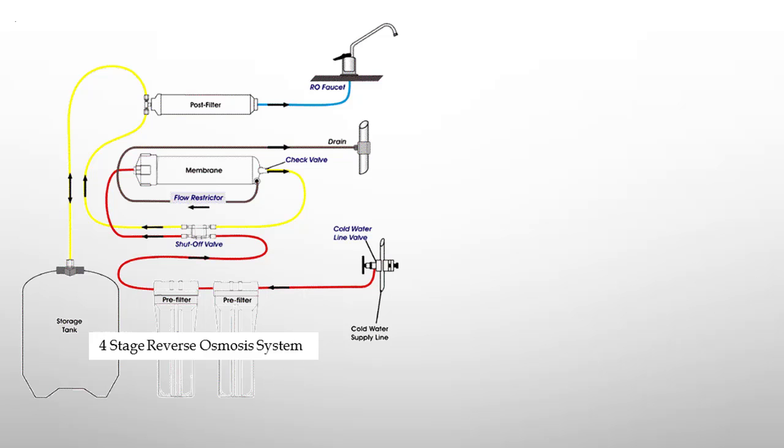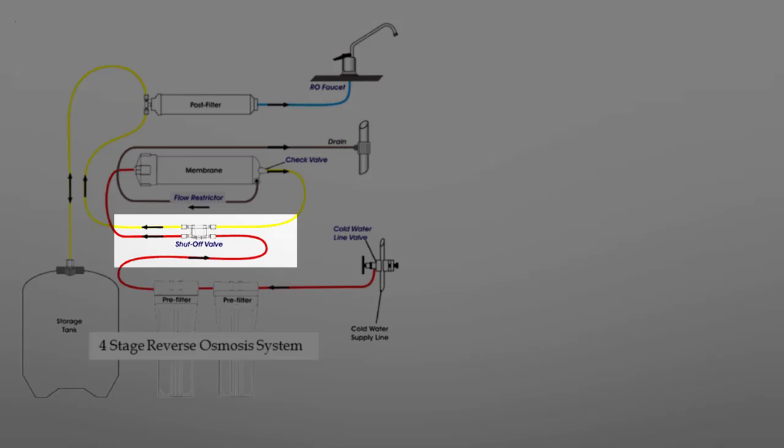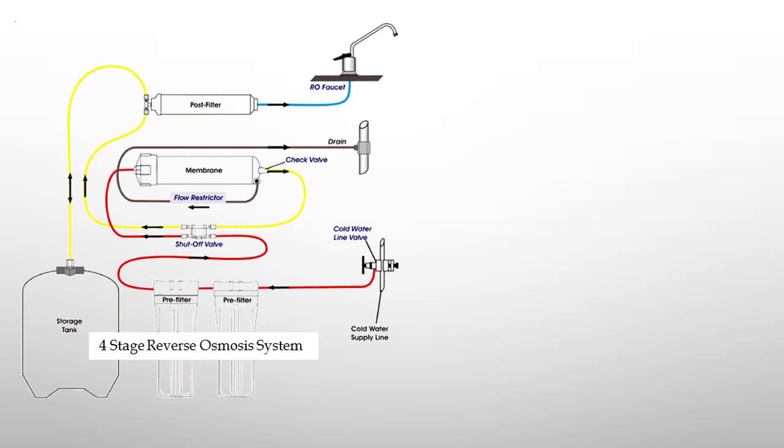A shut-off valve is used on this system, and it's used to shut off incoming water flow when the storage tank is full. This would, in turn, stop all flow of concentrate or wastewater to the drain.